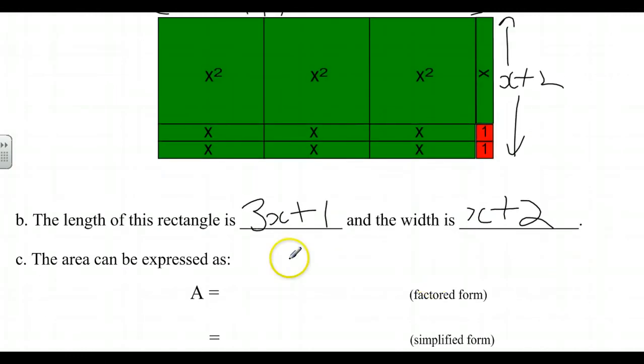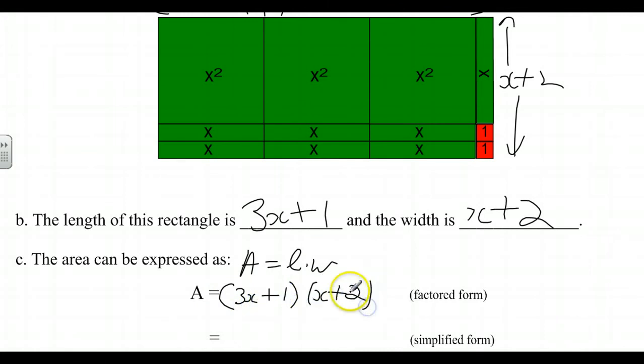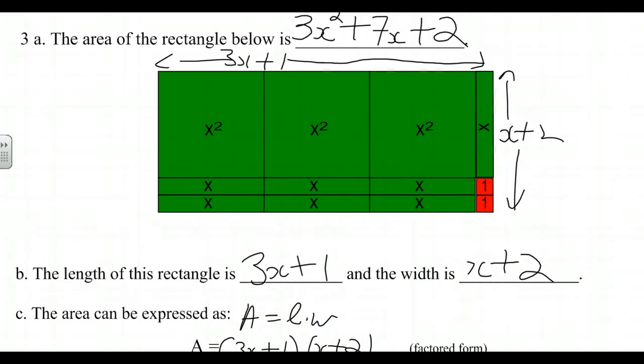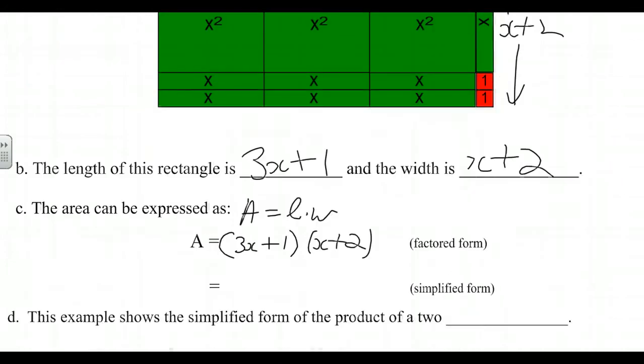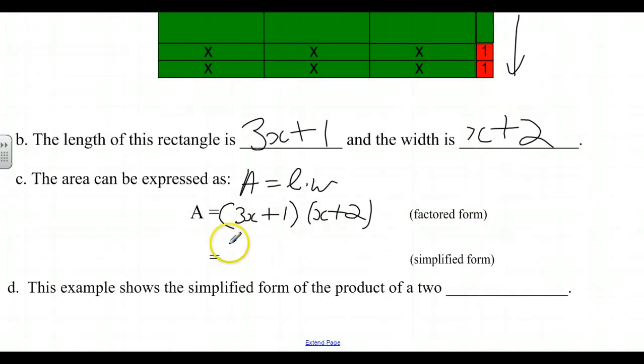This area can be expressed as, remember, area is length times width. 3x plus 1 times x plus 2 is the factored form, and the simplified form we have up here, which we found just by counting, is 3x squared plus 7x plus 2. There's some lag in here. 3x squared plus 7x plus 2.